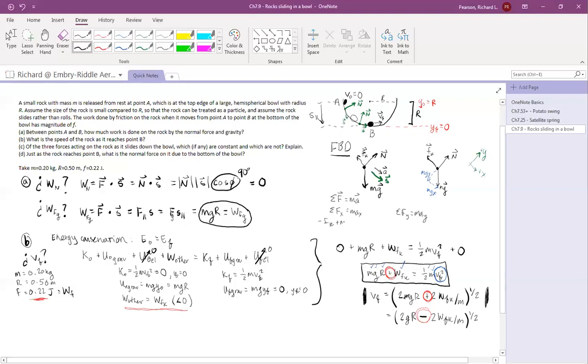We have a piece of gravity acting in the x direction, and that's causing the acceleration. In the y direction, we have n, the normal force, and we have some component of gravity, and our acceleration is equal to 0. So that tells us that our n is equal to m times gy.